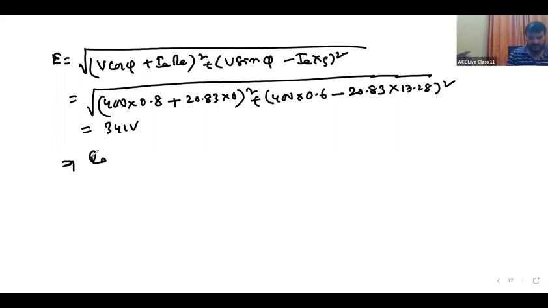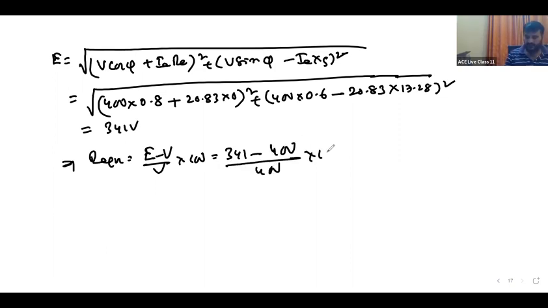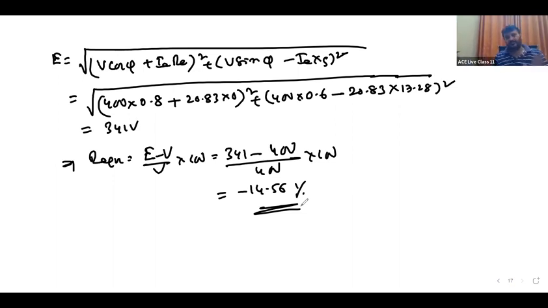Then regulation is equal to (E minus V) by V into 100, which is (341 minus 400) divided by 400 into 100. That is equal to minus 14.56%. This is your answer.